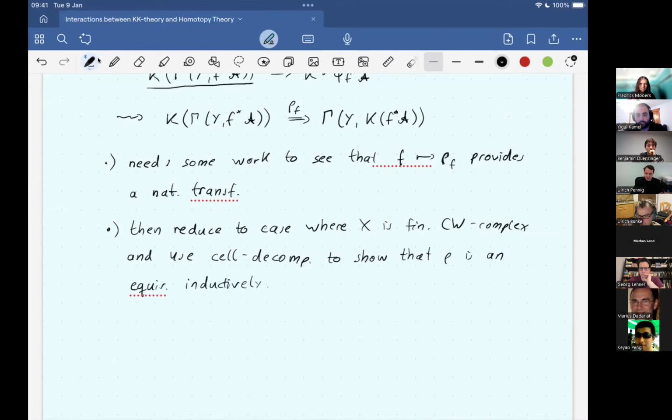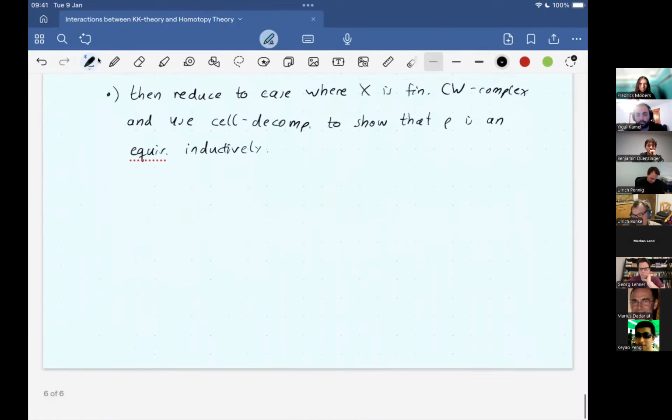So that's at least the ingredients of the proof.